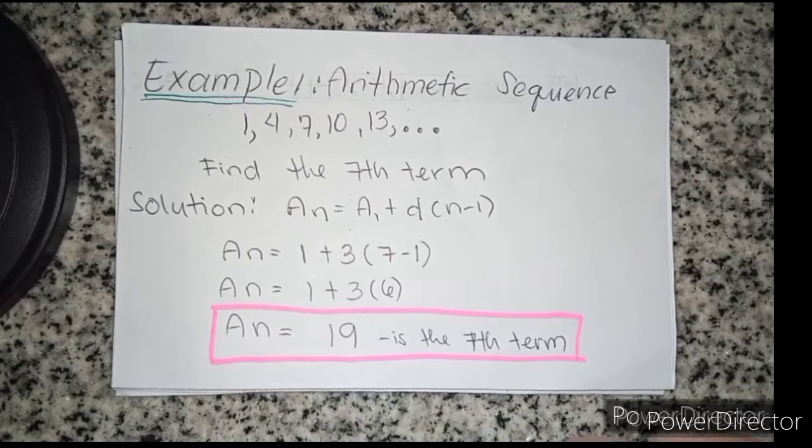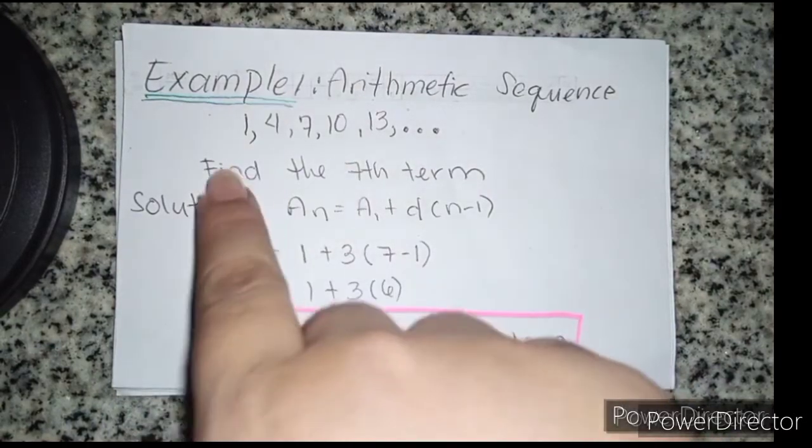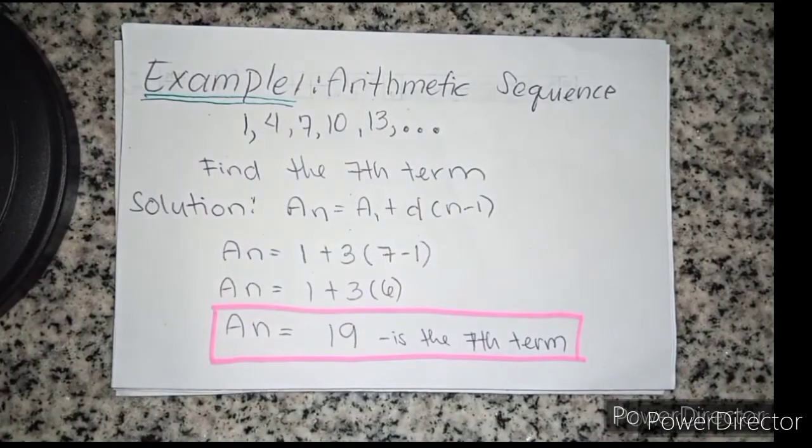As you can see, we only have 5 terms here. So we need to find the seventh term. We're going to use the formula. So the formula is a sub n is equal to a sub 1 plus d times n minus 1. So now, let's substitute the values.